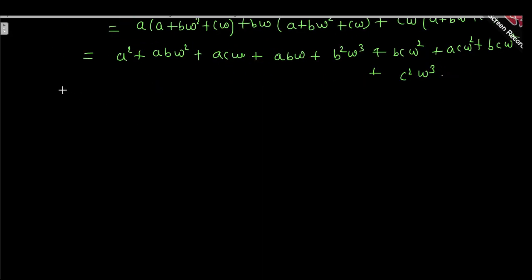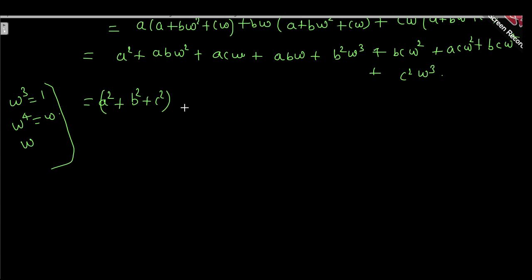Now we know that omega cube is equal to 1, so omega raised to power 4 is equal to omega, and so using this we can write a square, and b square times 1 is b square, and c square. So we have a square plus b square plus c square.